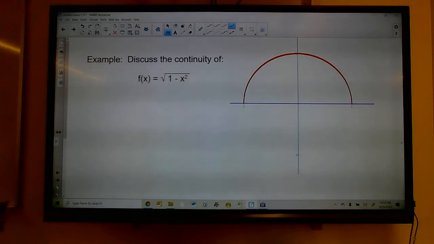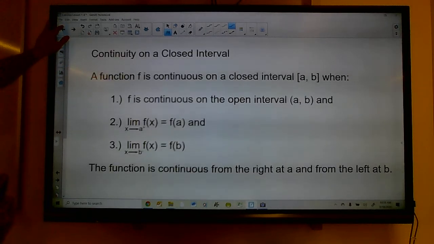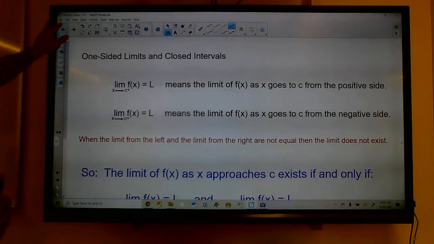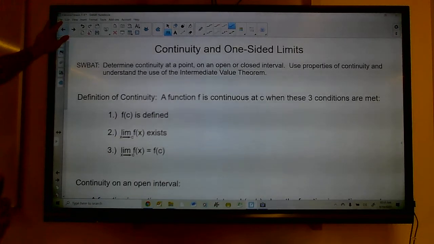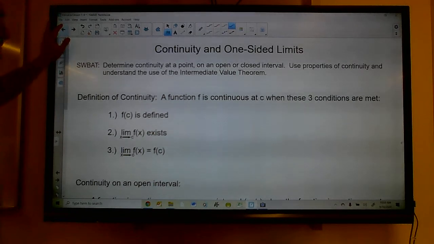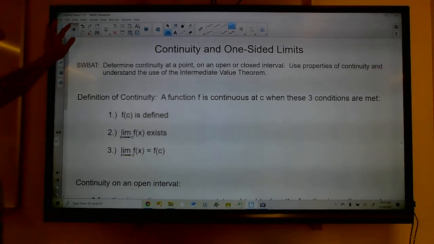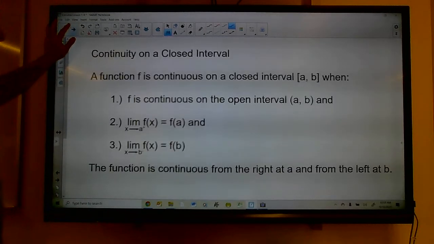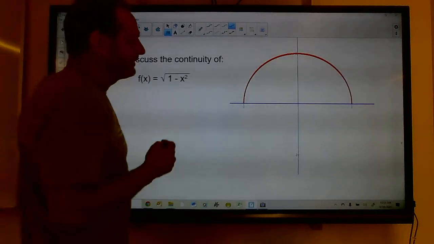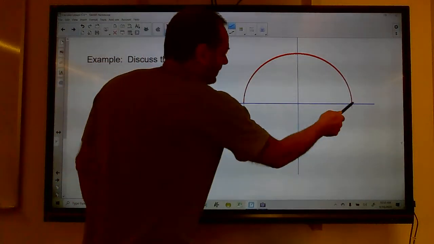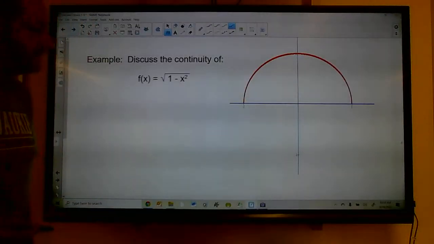It meets all the criteria that we had on this page. Okay, f of c is defined everywhere. There's no holes in it. There's no asymptotes in it. The limit as x goes to c of f of x exists, and the limit is f of c. So the places you really got to consider are the endpoints. Everywhere in between here is obviously continuous.